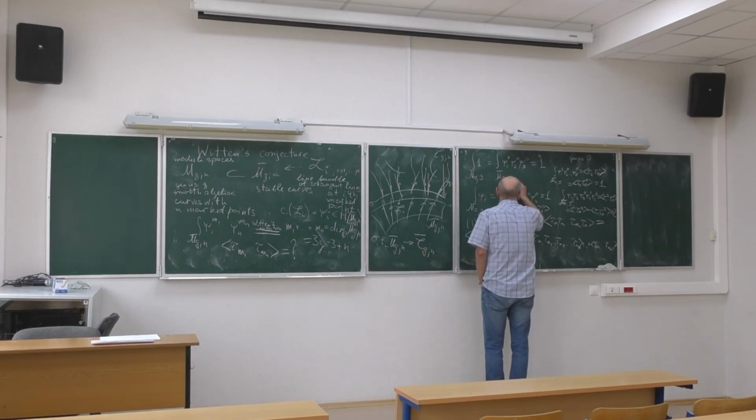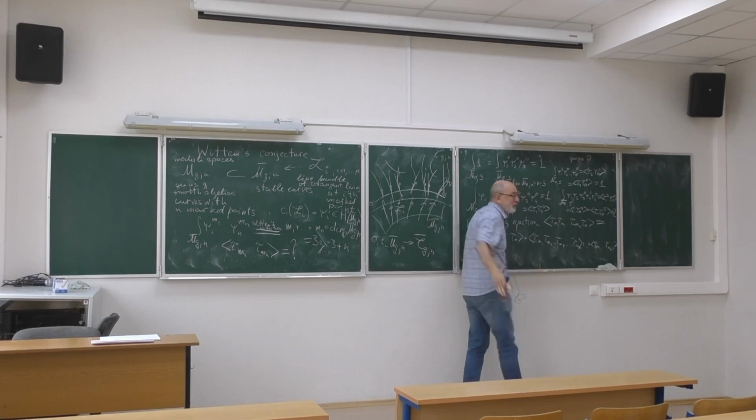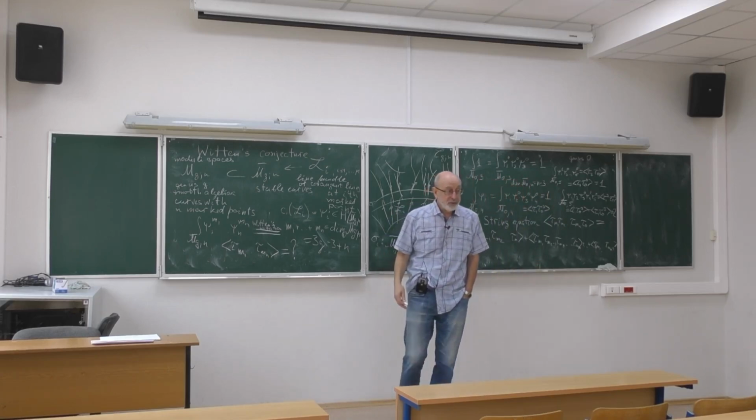So the dimension of M_{0,n} bar is n minus 3. It is smaller than the number of marked points.